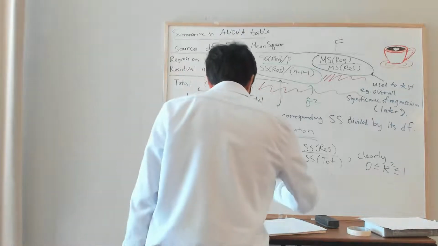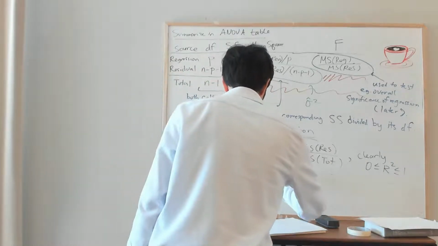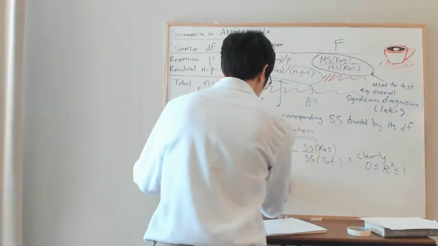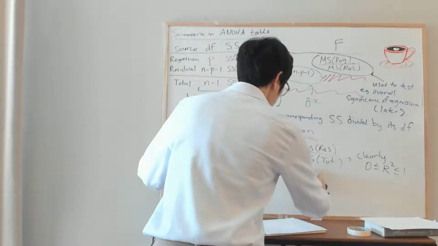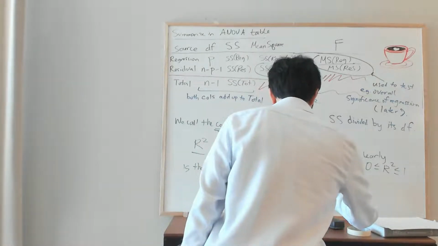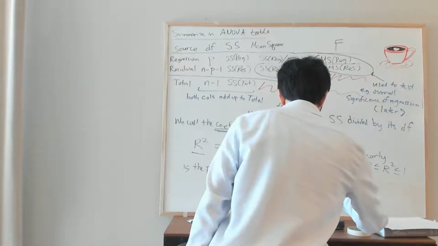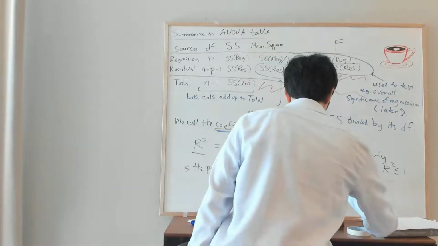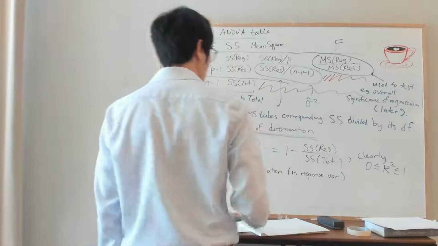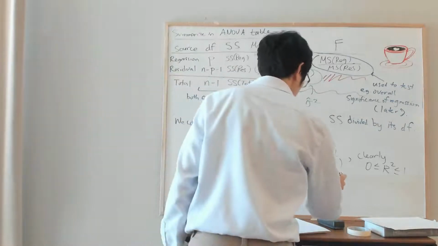We can call this the proportion of variation, specifically variation in our response variable, that is explained by the regression model.